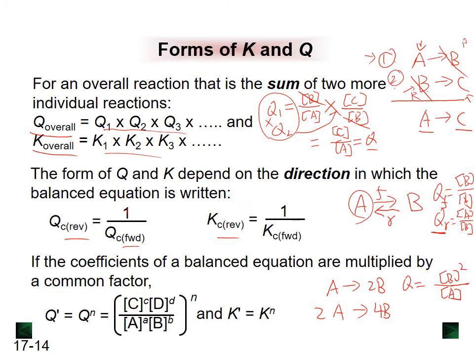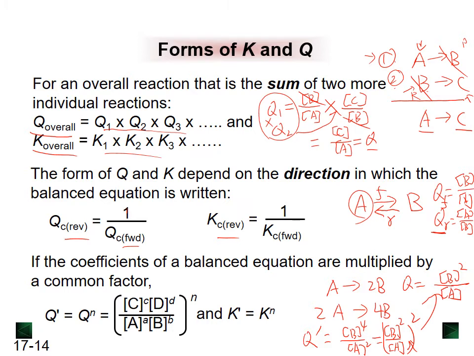And in this case, Q prime will be B to the 4th power over A to the 2nd power, or B to the 2nd power over A, and then to the 2nd power. And this inside the parenthesis is the original Q.